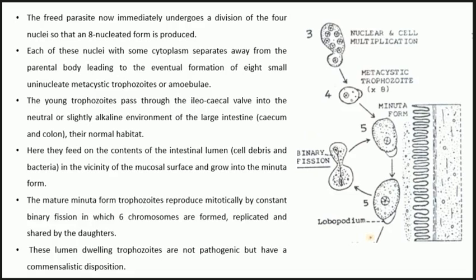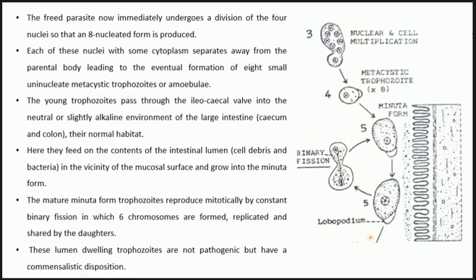So these lumen dwelling trophozoites are not pathogenic. Again I repeat, the minuta form is not pathogenic but has a commensalistic disposition. It will remain in the colon region, develop, and its number increases, no problem, because it is feeding on the remaining food material or on the bacteria, not on the tissue.